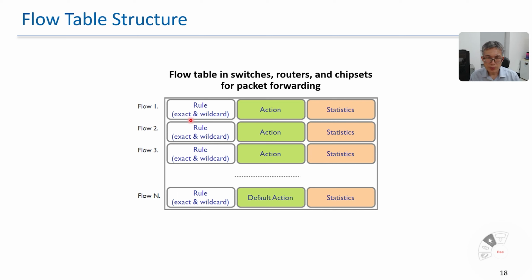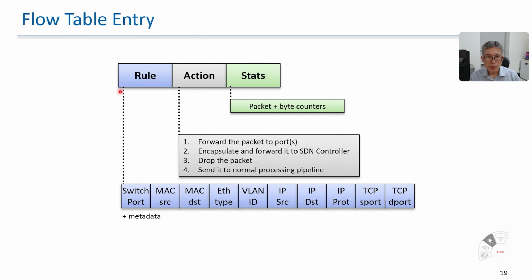Each flow consists of rule, action, and statistics. So this is the OpenFlow rule. In the rule case, remember this is a switch. So: switch port, MAC address source and destination, Ethernet type, virtual LAN ID, source IP address, destination IP address, the protocol of the upper layer for the IP datagram, and then TCP/UDP source port and destination port.